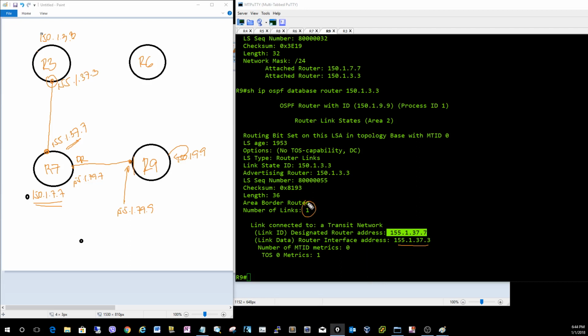Again, there's only one link in area 2. Don't forget, we are in area 2.